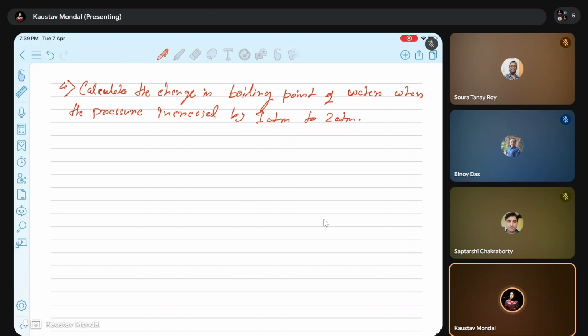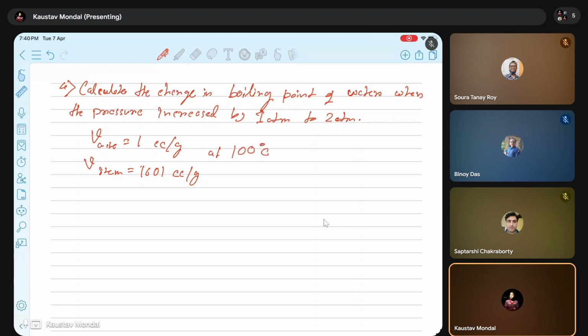The specific volume of water and steam are given at 100 degree as follows: V of water is 1 cc per gram, and V of steam is 1601 cc per gram at 100 degree centigrade.